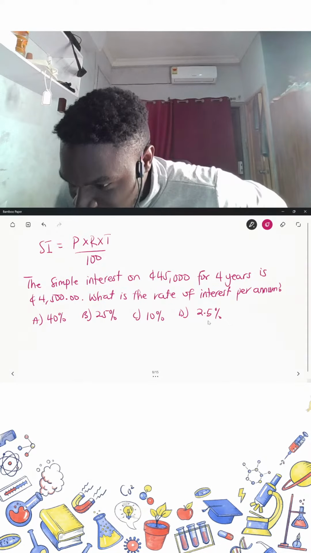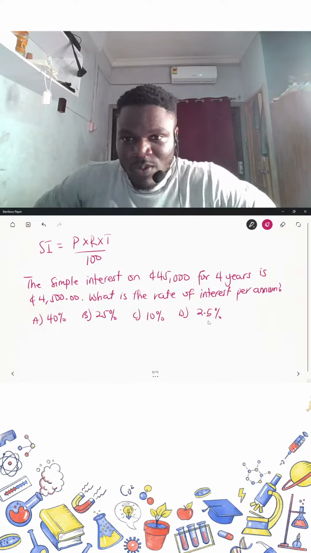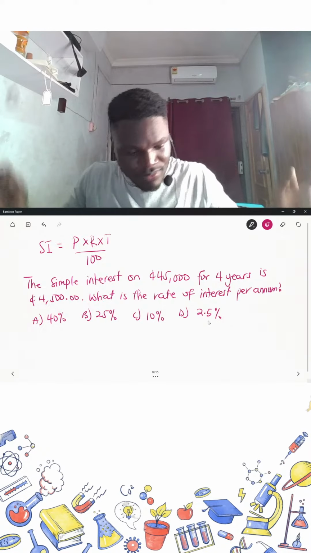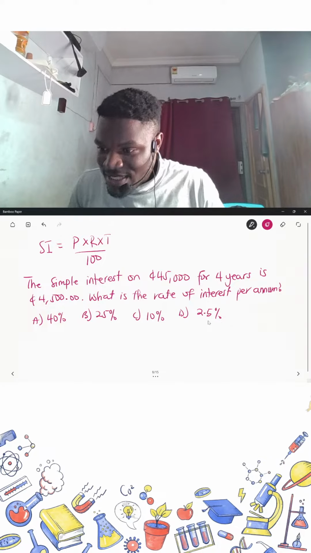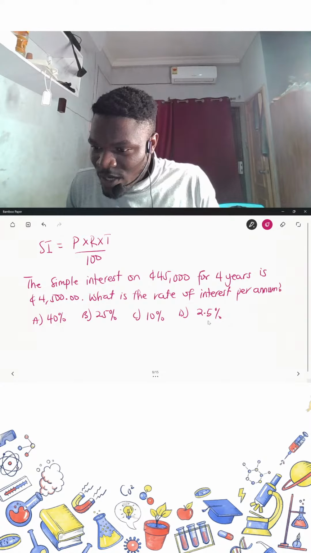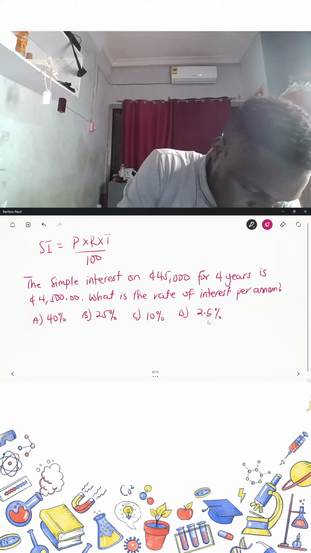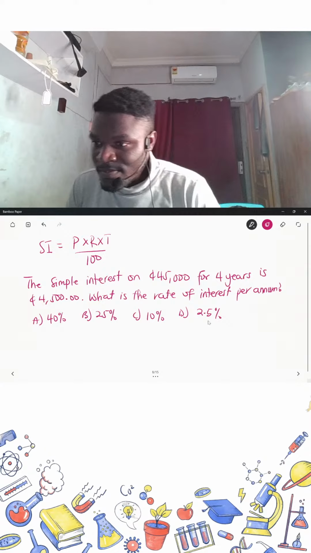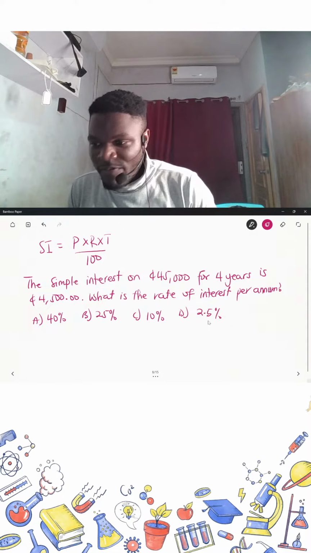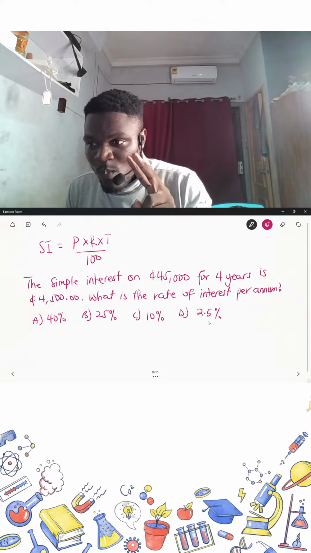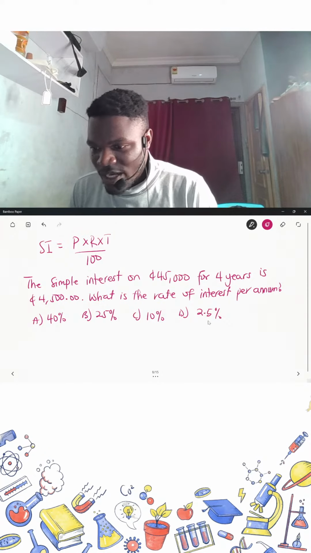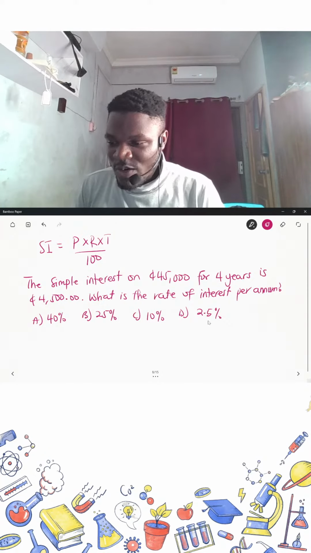So we have Diamond. Diamond is saying option D, which is 2.5%. We don't know. Let's wait and see. So Olu and Sheyan, what are you getting for me? So guys, we have 1 minute to finish solving this problem, and then we look at it together. Diamond has already given his answer.